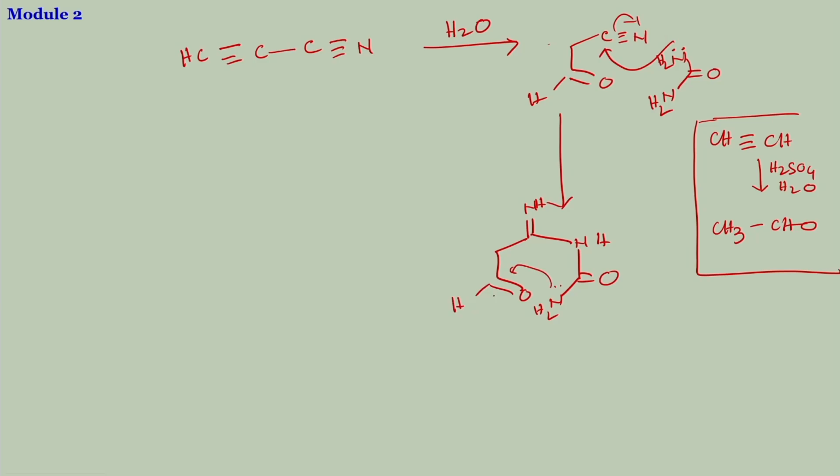Now this can do the same reaction as you have seen before, and I am skipping the step, so it will be minus water, and you will have NH, and obviously this is the imine form, so it will tautomerize quite fast.